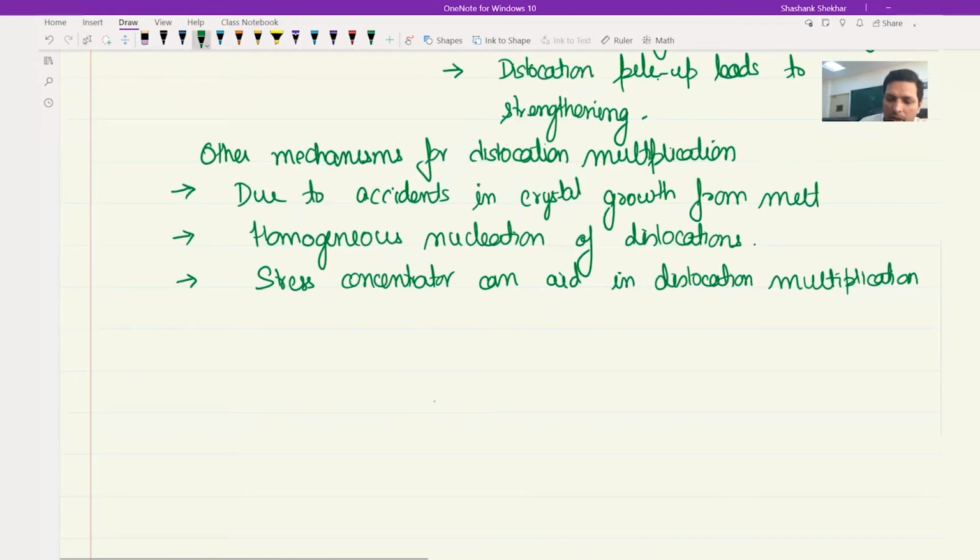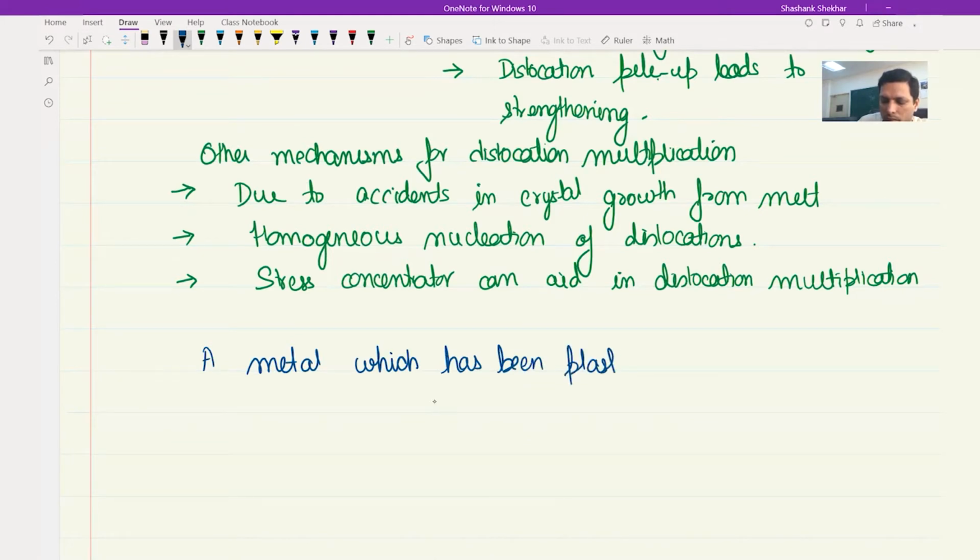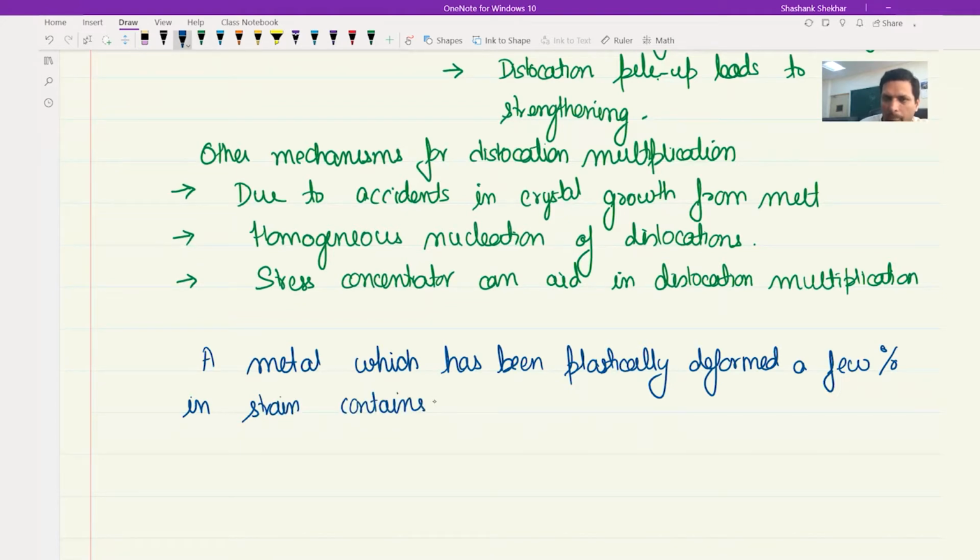So just to put it in perspective, a metal which has been plastically deformed a few percent, not even severely deformed, contains approximately 50,000 kilometers or more of dislocation line in each cubic centimeter.